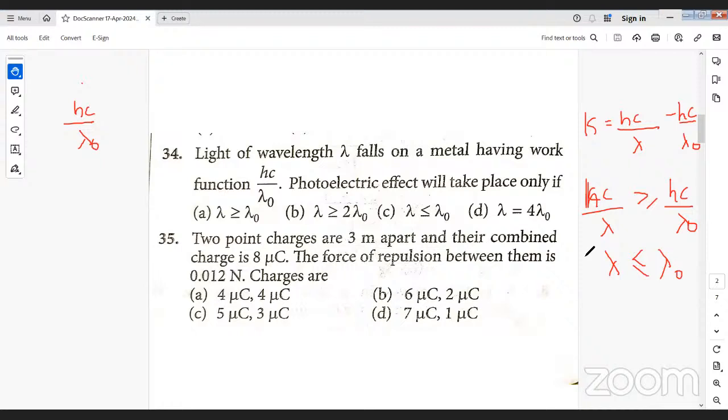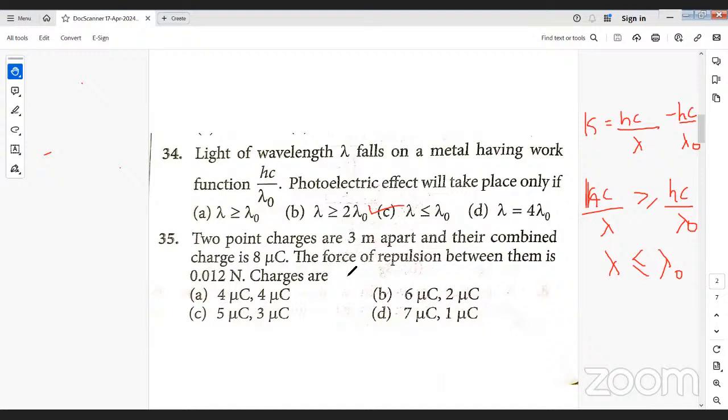Lambda naught. So accordingly, option C is the correct answer. Option C. The next question.